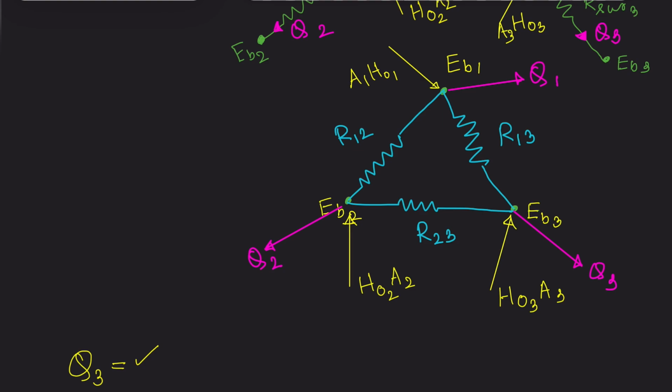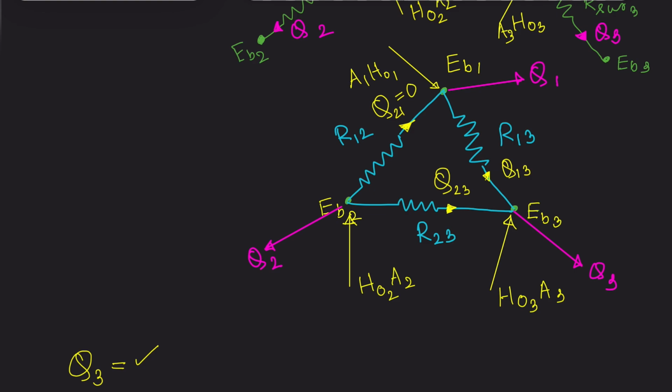I will denote the current flowing through this as Q23, and this as Q13, and see, EB2 and EB1 are exactly the same. So even if I denote it as Q21, this will be 0, because the potential difference is 0.